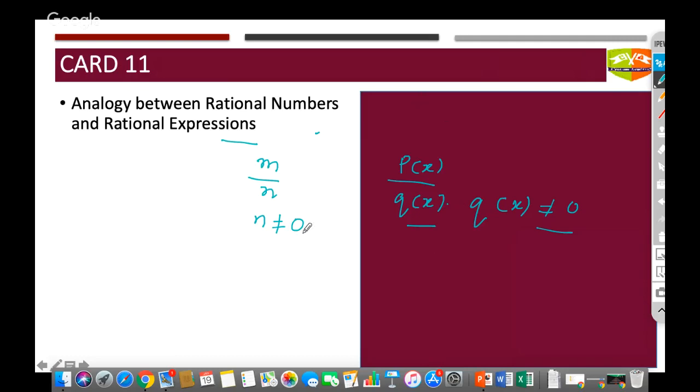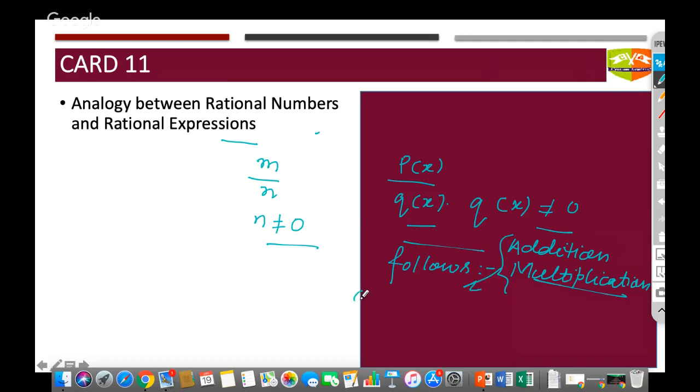Here also, rational numbers and rational expressions follow the laws, in the case of both addition and multiplication: the associative law, the distributive law, and the commutative law.